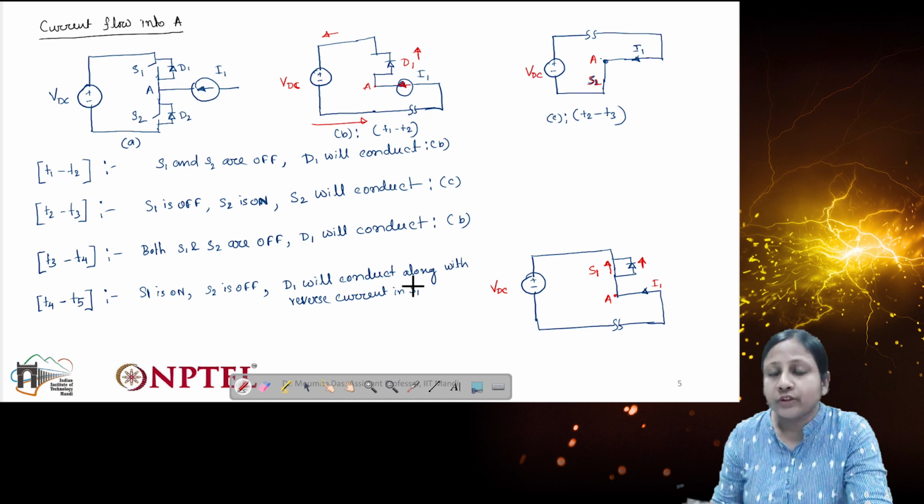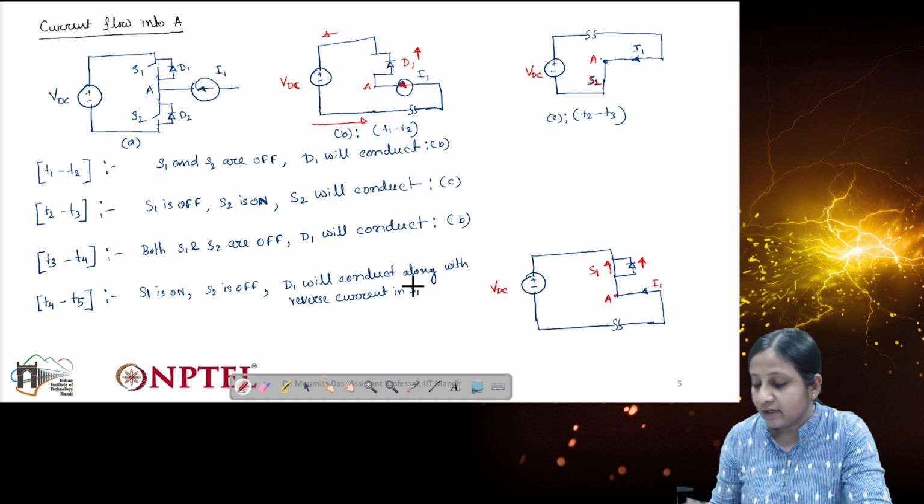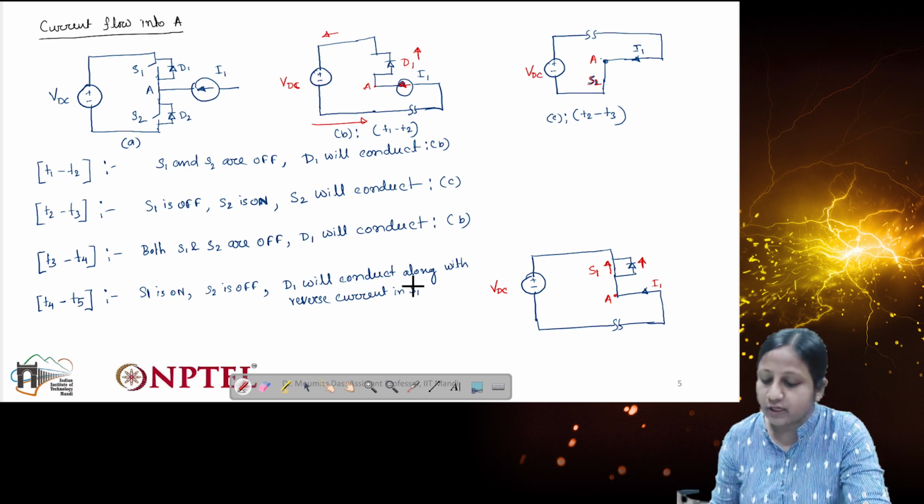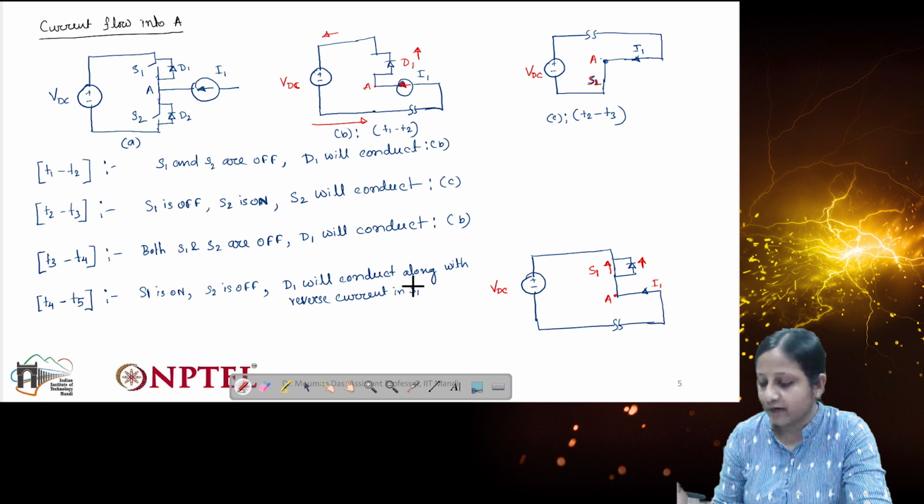So the current is flowing in the reverse direction. If we don't have the switch, the current will still flow. If the switch is on, the current will also flow in the reverse direction. So there is no difference with respect to the turn on or turn off condition of S1. The only thing is that the current will be divided.